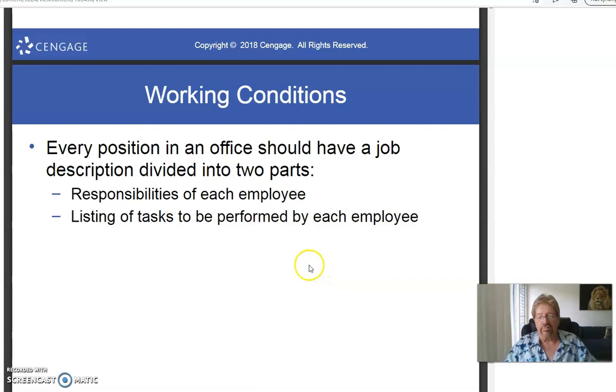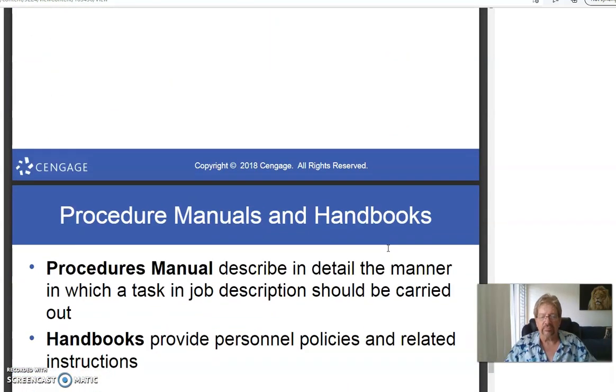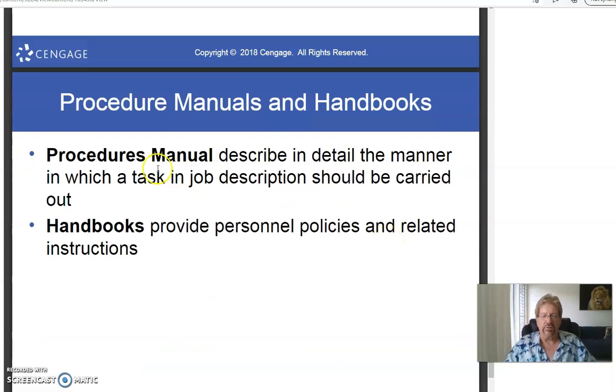They resorted to violence. Every position in an office should have a job description divided into 2 parts: responsibilities of each employee, and a listing of tasks to be performed by each employee. And typically the company will have that kind of thing. Procedure manual, handbook. A procedures manual describes in detail the manner in which a task in a job description should be carried out. Handbooks provide personnel policies and related instructions.